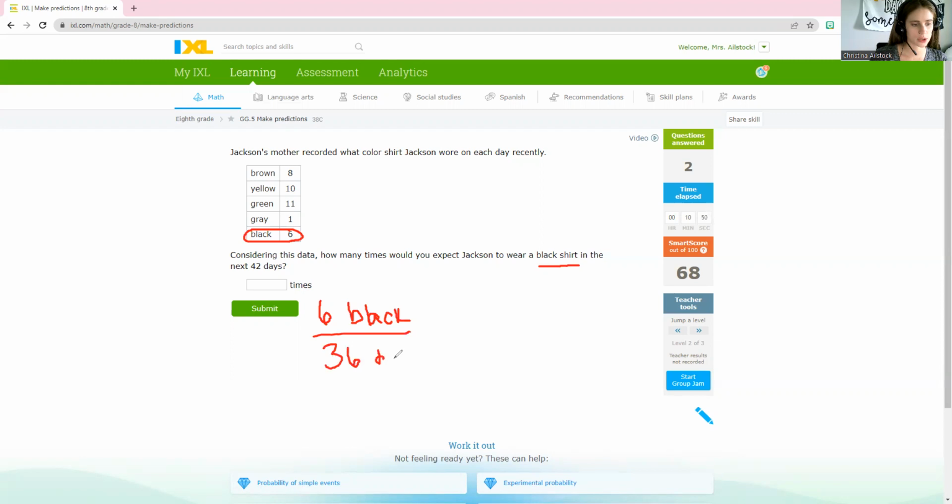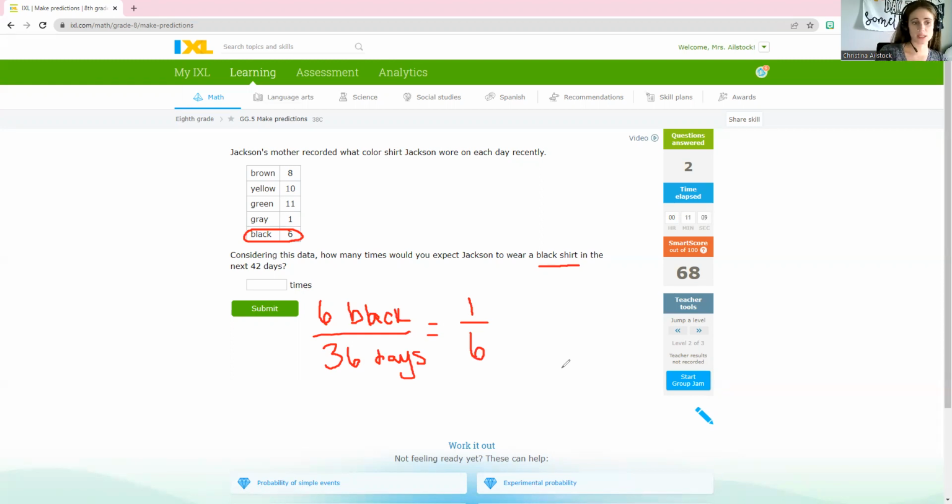36 total days. And then if we simplify that fraction, we can simplify by dividing by 6. We get an experimental probability of 1/6.